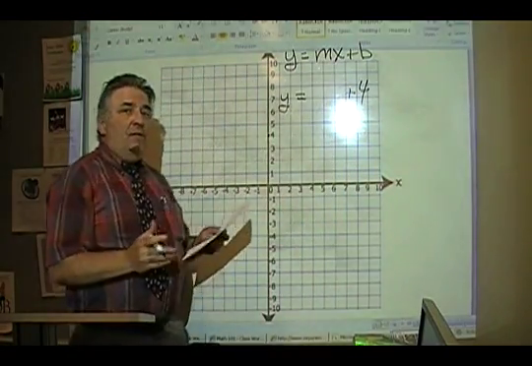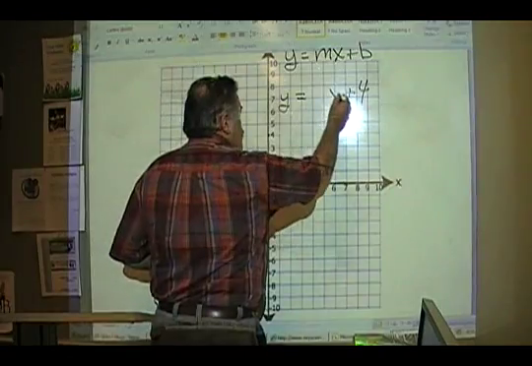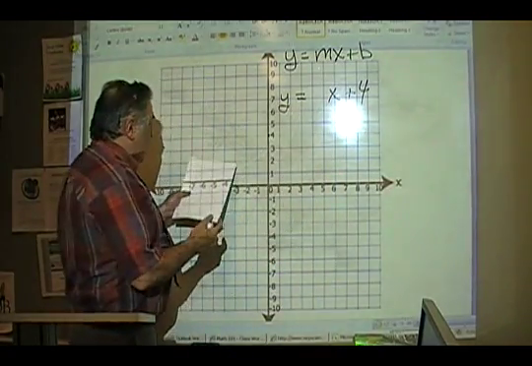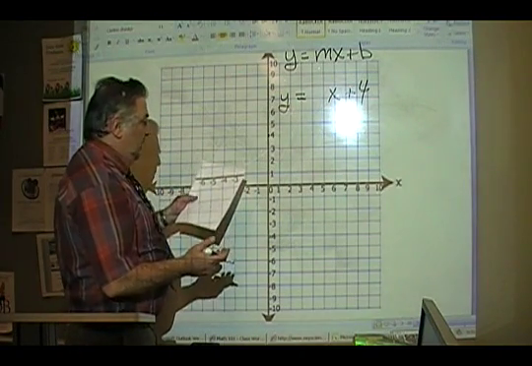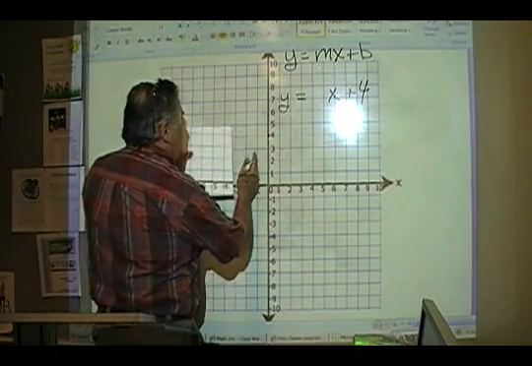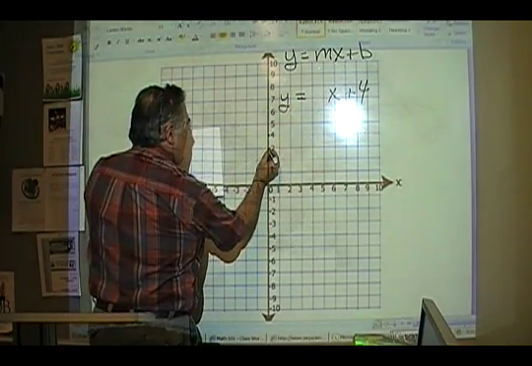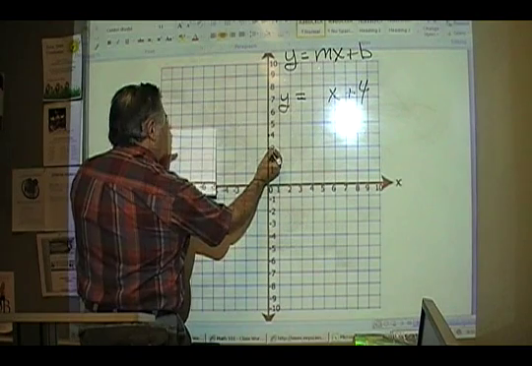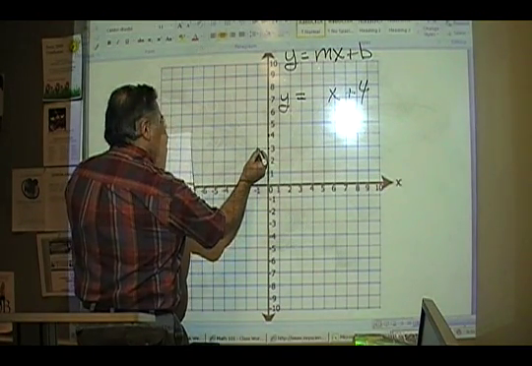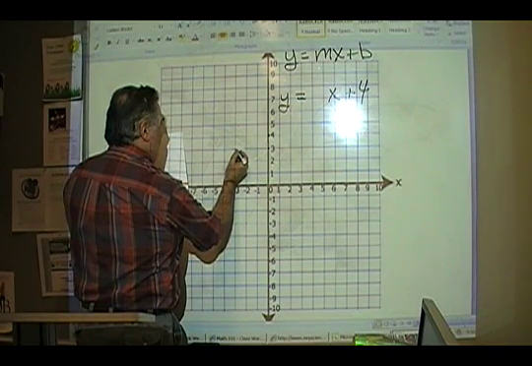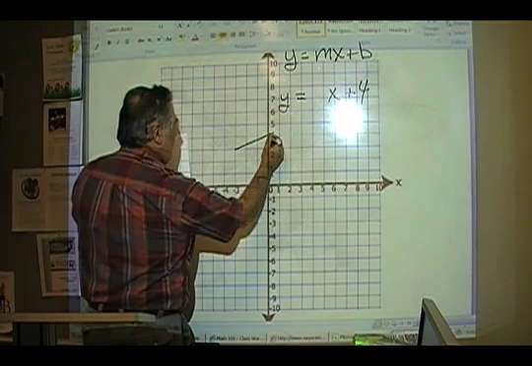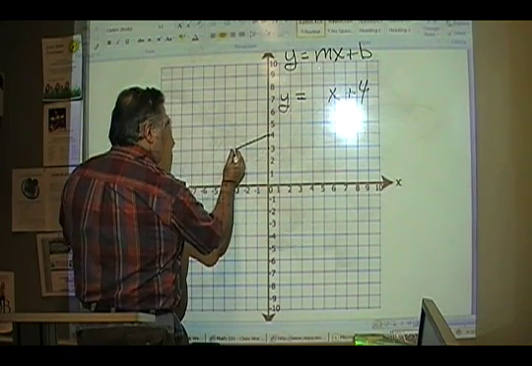The only thing left to figure out is the slope. The slope is going up and to the right, so it's a positive slope, but we need to figure out how much it's going up. If I go down from 4 down to 3, and then I go across to -3, that's where that line is crossing.